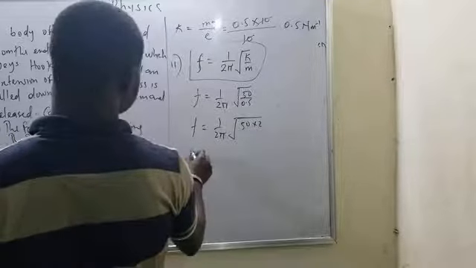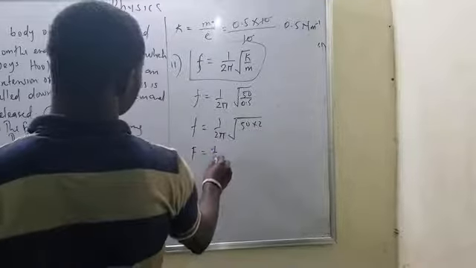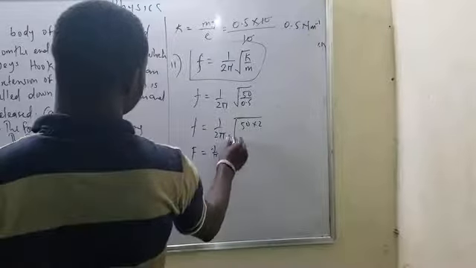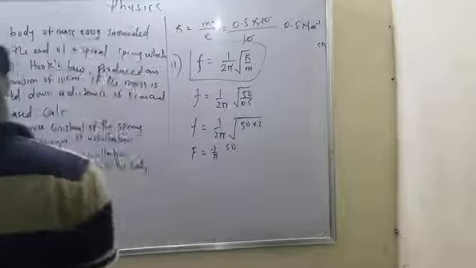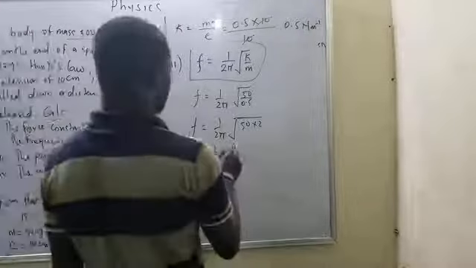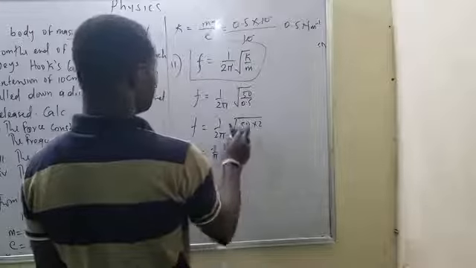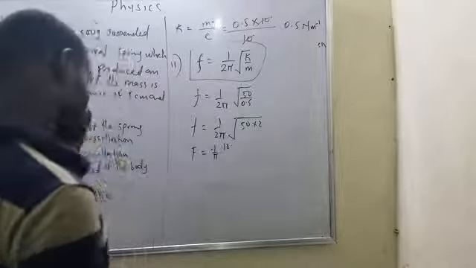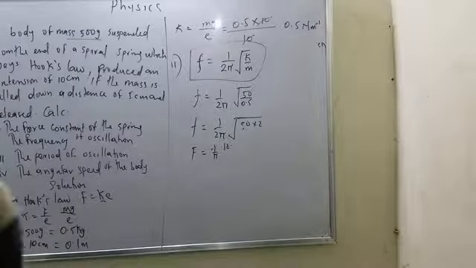Root of 100 is 10, so I'll be having 10 over 2 pi, which is 5 over pi.